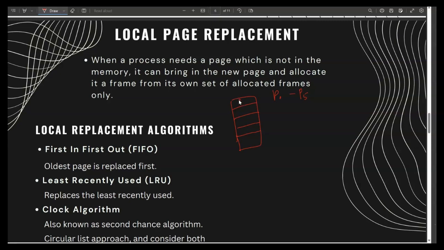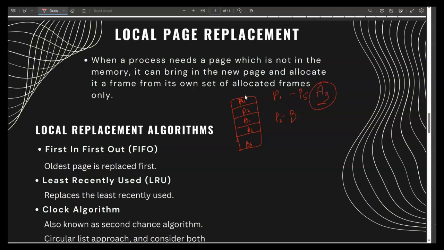Suppose process 1 is A, and it has page A1 and page A2, and process 2 is B. Process B has pages B1, B2, and B3. Now process A needs page number 3 of its process.